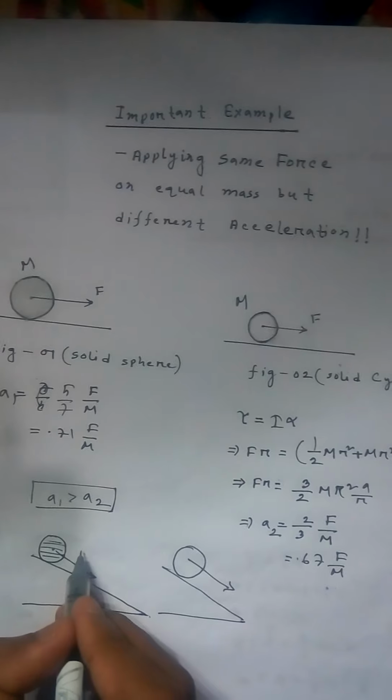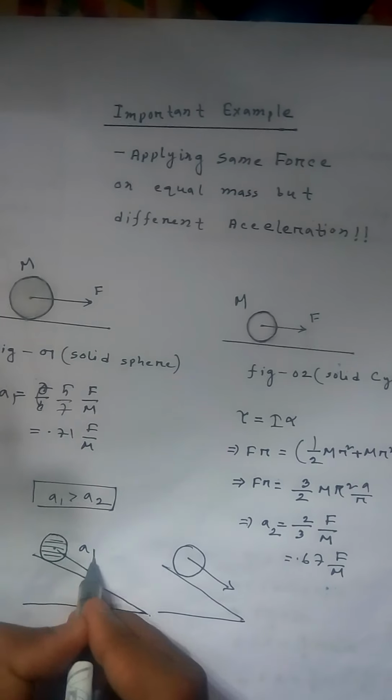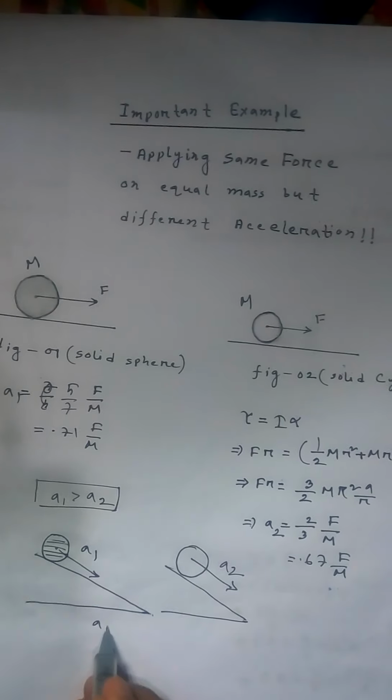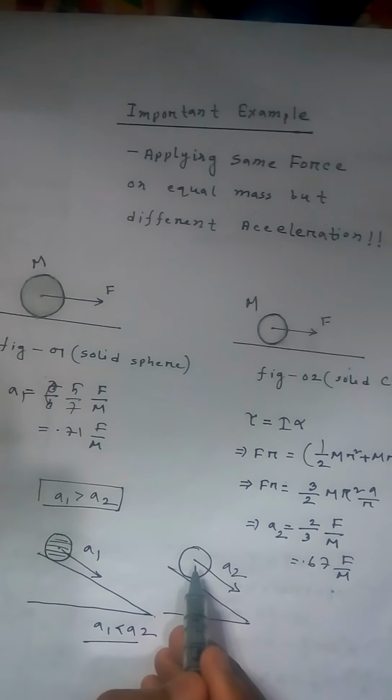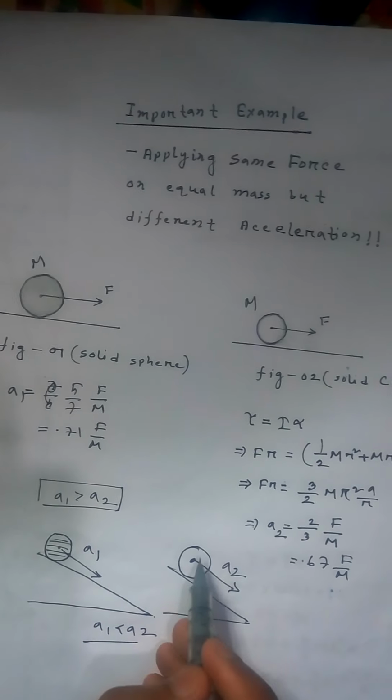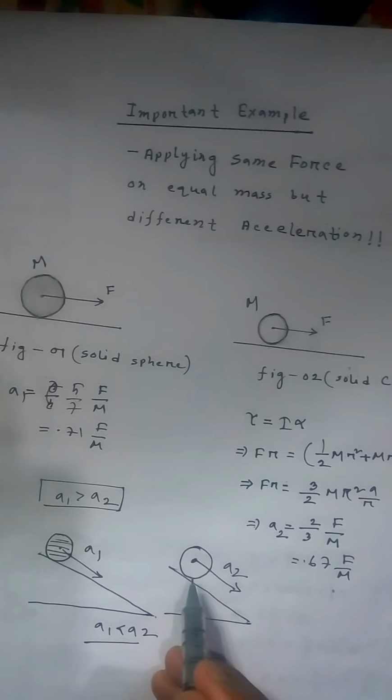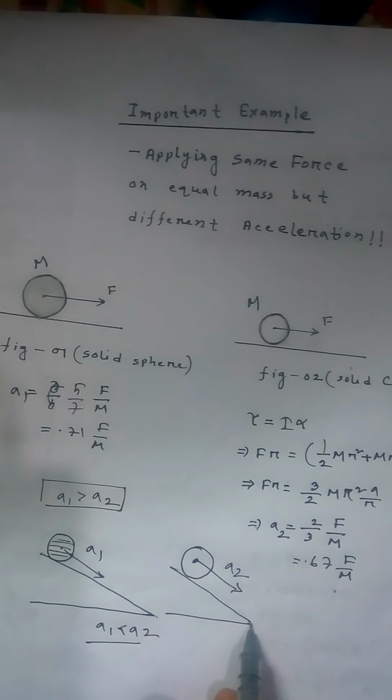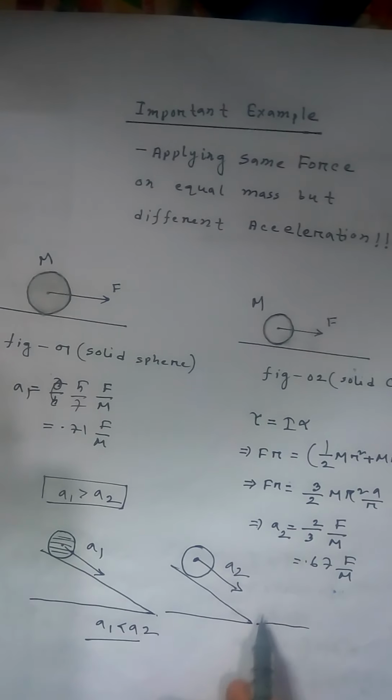We know that if we take acceleration 1 and acceleration 2, then a2 is less than a1, so the solid sphere will reach the ground faster.